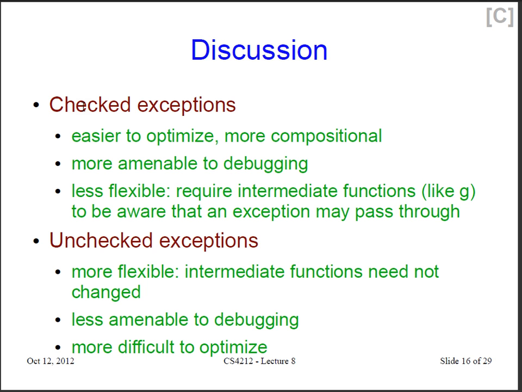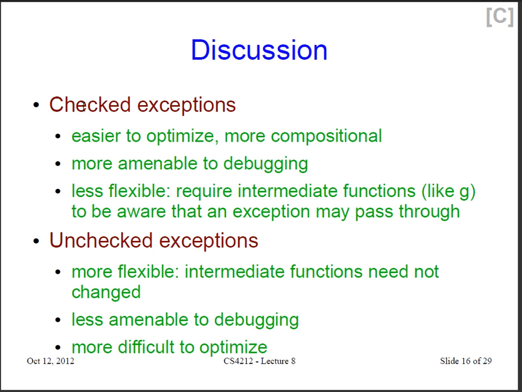For unchecked exceptions, they're a lot more flexible. All this intermediate chain of functions doesn't need to be changed or be aware of the fact that an exception might be thrown, but it performs stack manipulation, which may throw off a debugger.